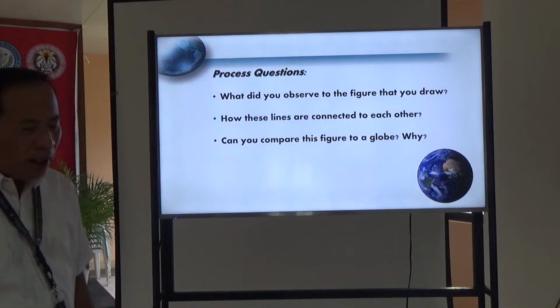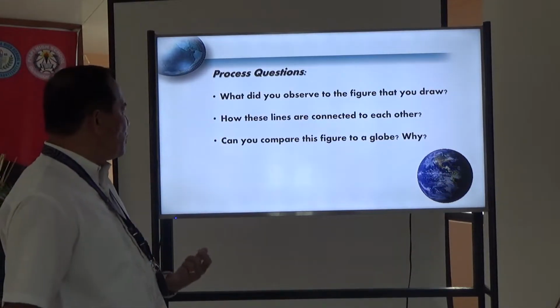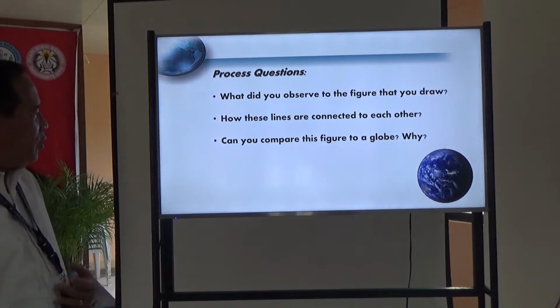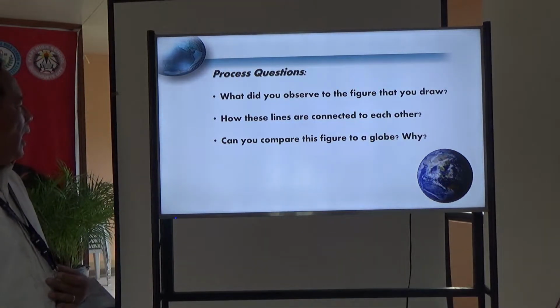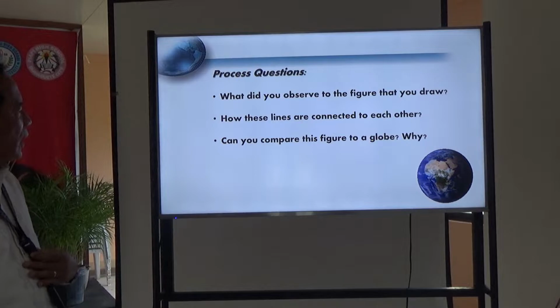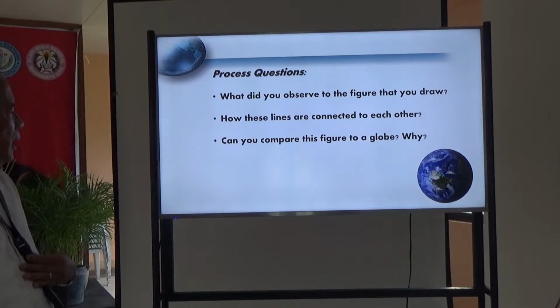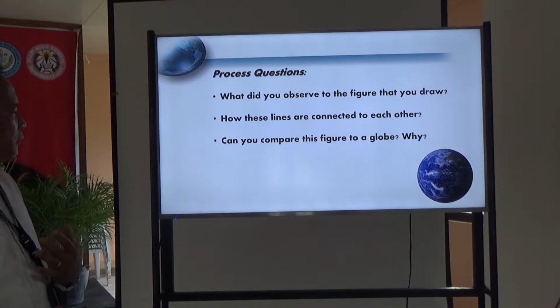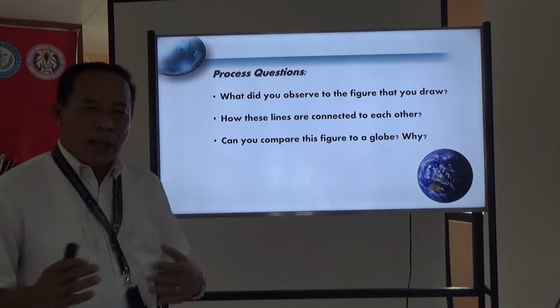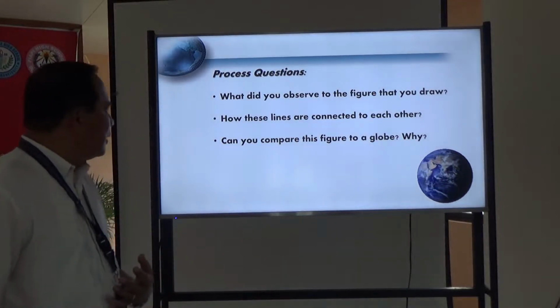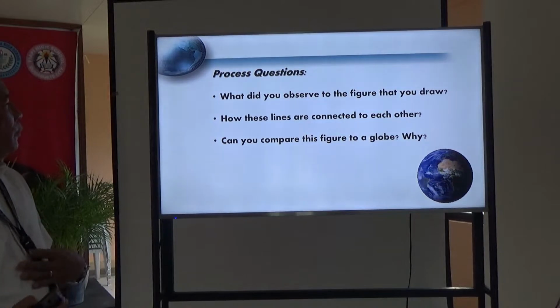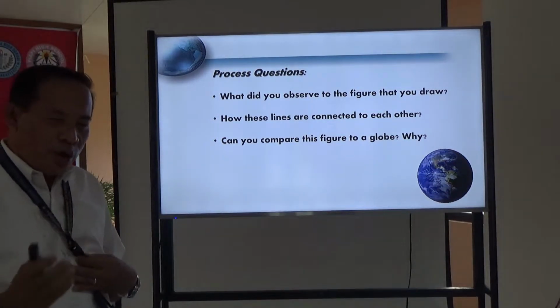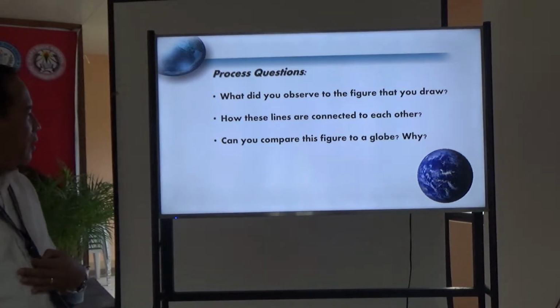Congratulations, everyone. All right. What did you observe about the figure that you have drawn? And how are these lines connected to each other? Maybe can we compare this figure to a globe? All right. So first, what did you observe about the figure that you have drawn on the paper I asked you to do?